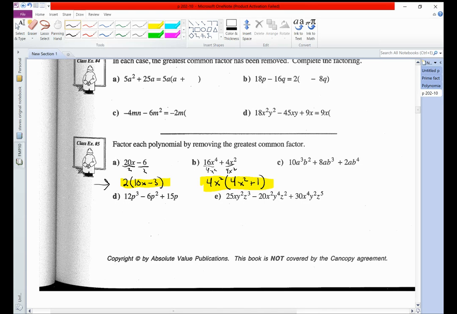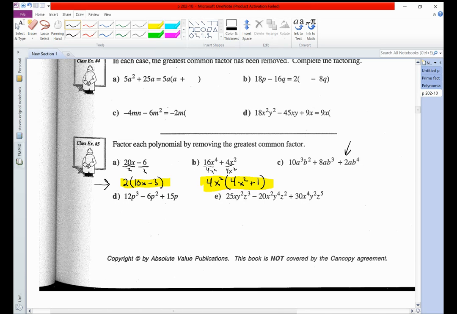So in the next one, I have 10a cubed b squared plus 8ab cubed plus 2ab to the power of 4. So what's the biggest numerical coefficient I can pull out? We're limited by the third term because its coefficient is 2.